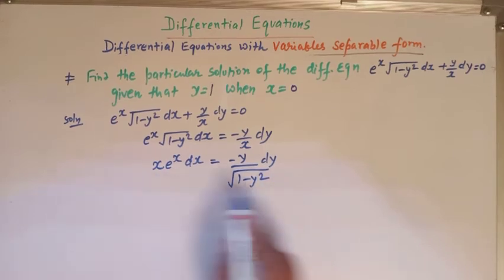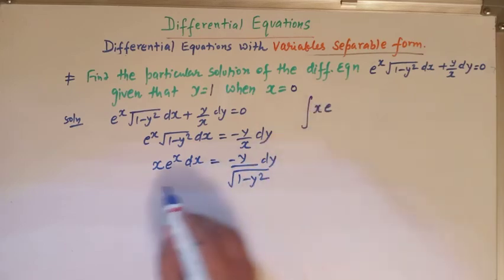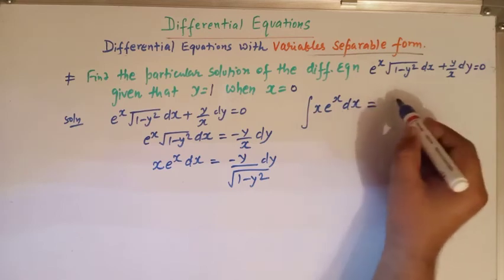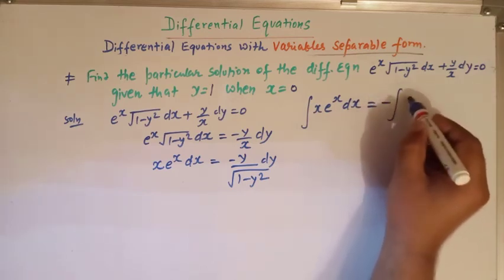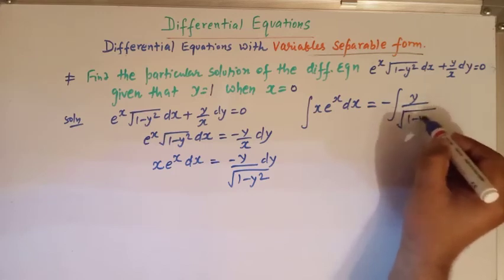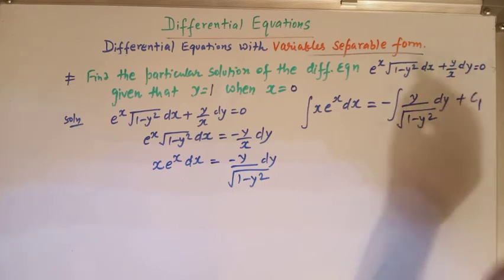Now viewers, let us integrate both sides. So we have integral of x e raised to x dx, and here we have minus integral of y divided by square root of 1 minus y square dy, plus c1, the constant of integration. Clear?